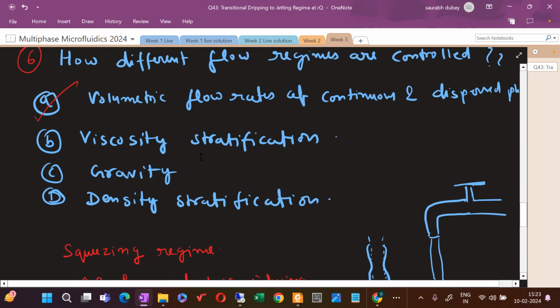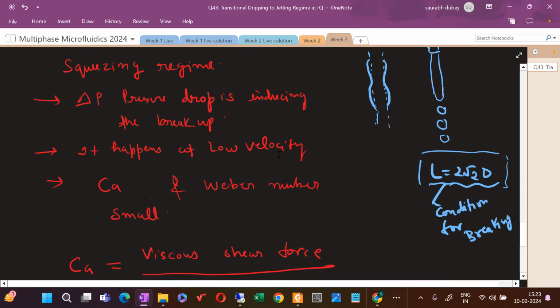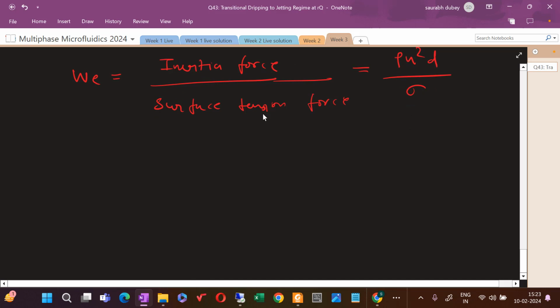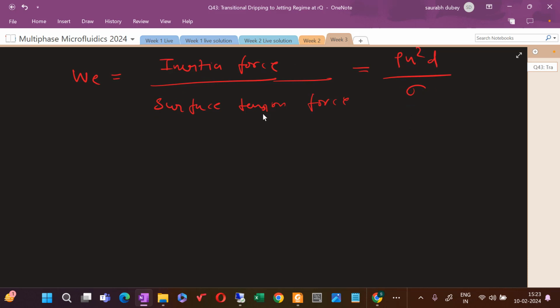For example, the squeezing regime depends on these, and then the dripping regime. In the dripping regime, shear stress on the droplet plays a significant role.